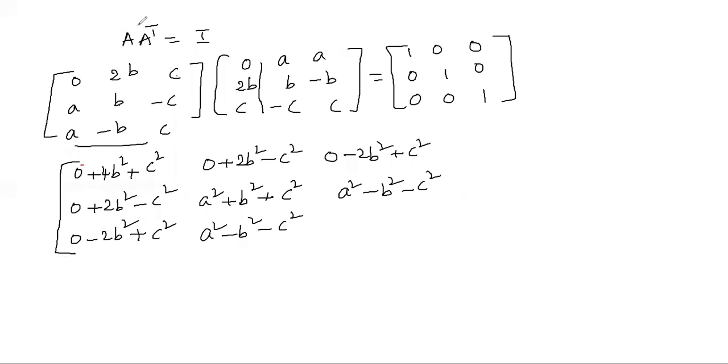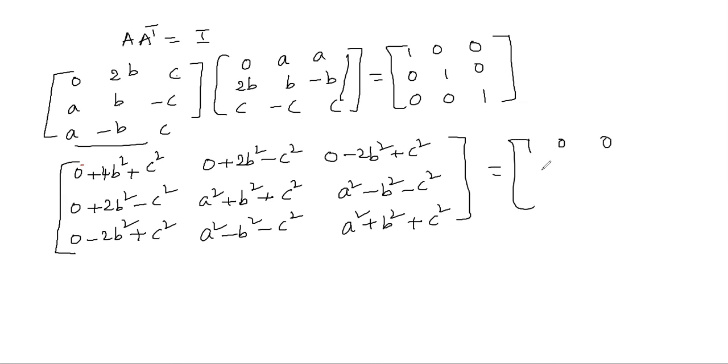Next third row into third column: a into a is a square, minus b into minus b is b square, c into c is c square. So it is equal to 1 0 0, 0 1 0, 0 0 1.